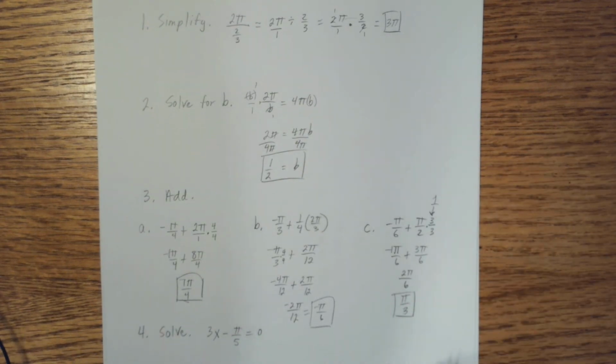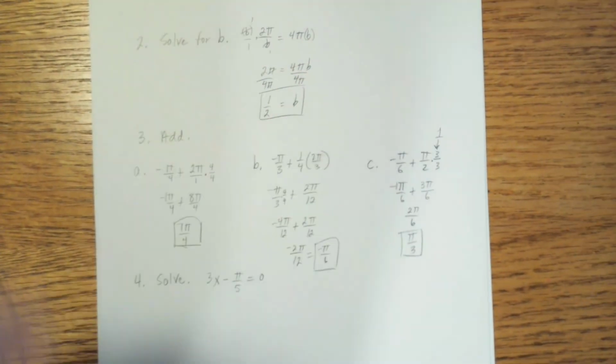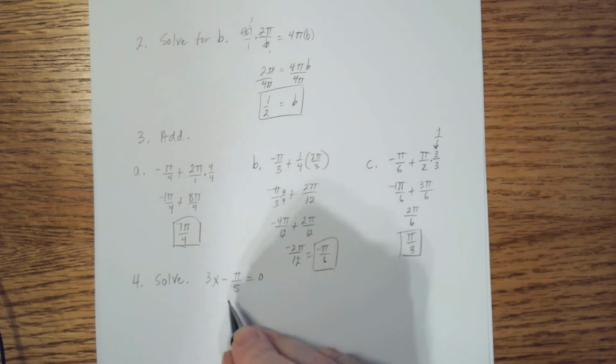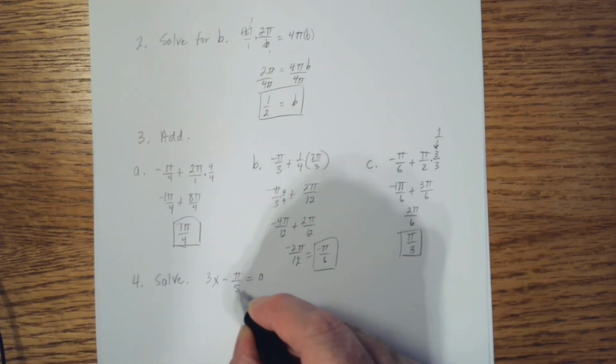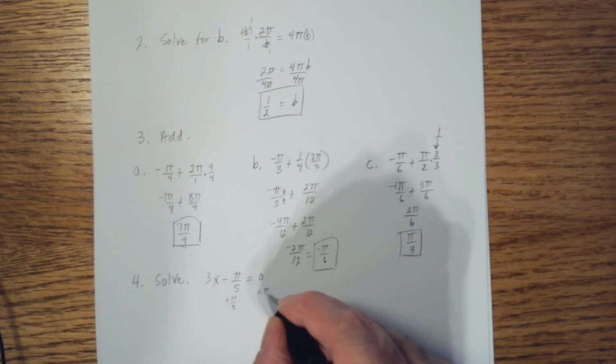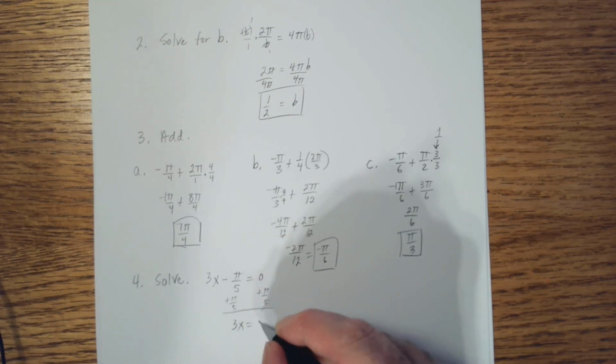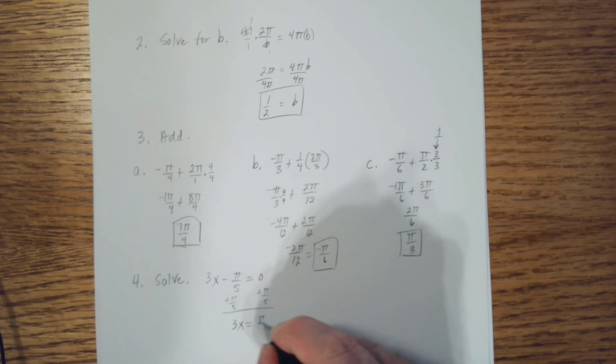All right, last problem. If I'm trying to solve for x, first of all, I want to get rid of this term here. So I'm going to add pi over 5 to both sides. You're going to have 3x is equal to pi over 5.